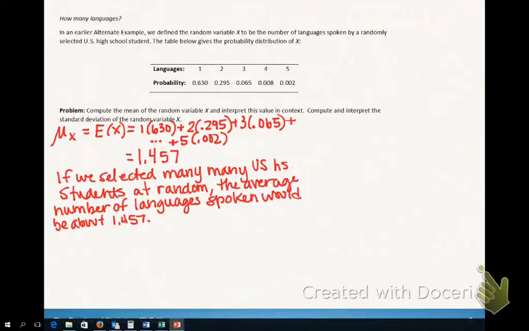Now, we want to take that information and use it to find the standard deviation and interpret it. I think it's easier if we do that by making a table. You can do it that way or you can do it all out. So notice our mean here is 1.457. I'm going to get rid of all of this writing so I have more room to write.